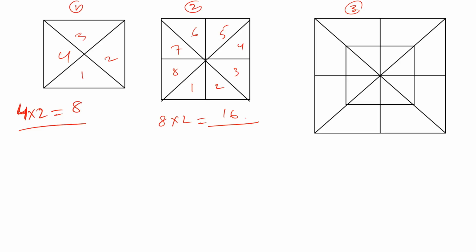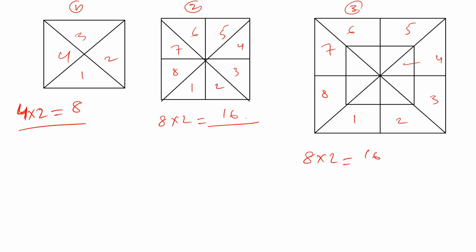And in figure number 3, we have 2 squares. First is the outer square, and the second is this inner square. It's almost the same, but we first have to count the outer one. 1, 2, 3, 4, 5, 6, 7, 8. So 8 multiplied by 2 equals 16.